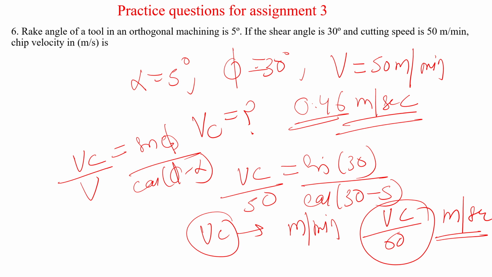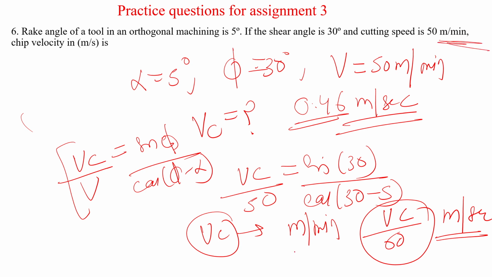Have you done it like this? Is it okay for everyone? Yes, sir. You have this formula, na? Vc by V is equal to sine phi upon cos phi minus alpha. You put every value and find Vc, but that Vc is in meter per minute.